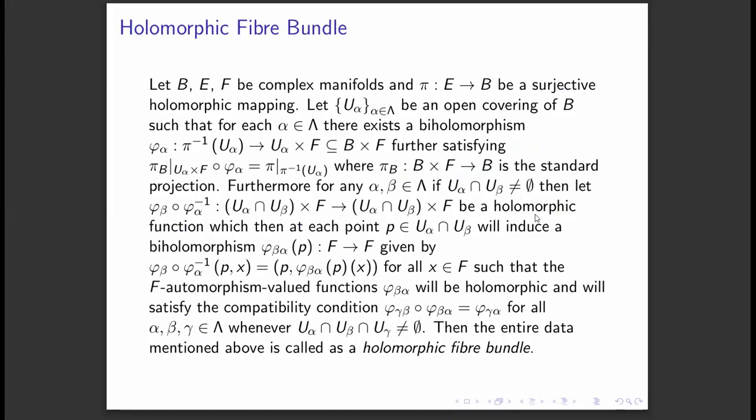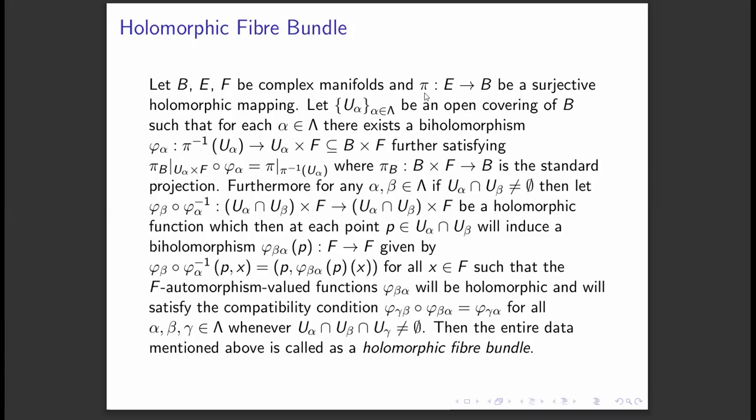So we will first see what a holomorphic fiber bundle is. We know that in the smooth category, meaning in the case of smooth manifolds, we have fiber bundles over smooth manifolds which have a local trivialization such that the transition maps are smooth maps. But in the category of complex manifolds, we have holomorphic fiber bundles.